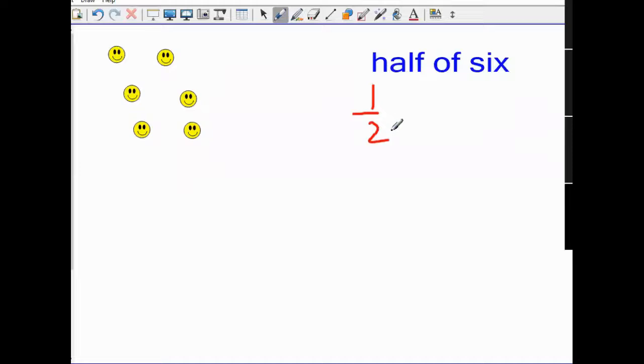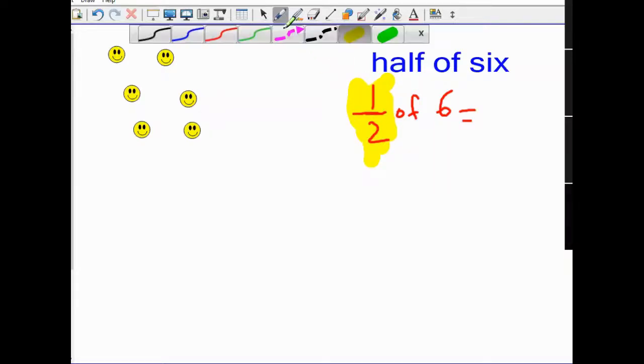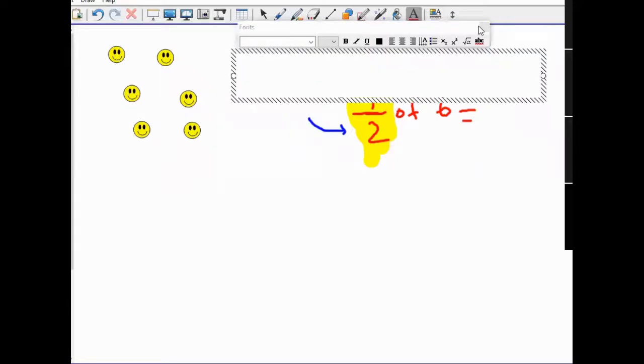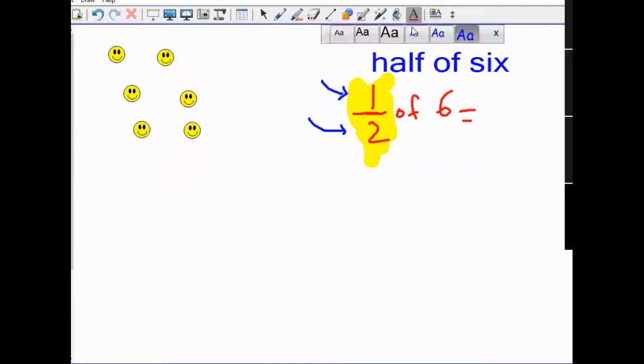Half of 6. Okay. What should I do? Look at the fraction. Please look at the fraction. 1 out of 2. There are two numbers, one on the top and one on the bottom. Okay, the top number I call numerator.